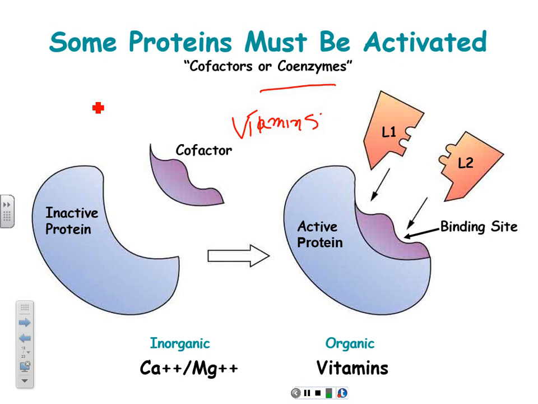It doesn't have a binding site. But by adding either a cofactor or a coenzyme here, we activate the protein by adding the active site, right? So we have a lot of proteins, and one of the ones we're going to look at is processed in the mitochondria, which is the formation of ATP from carbohydrates.